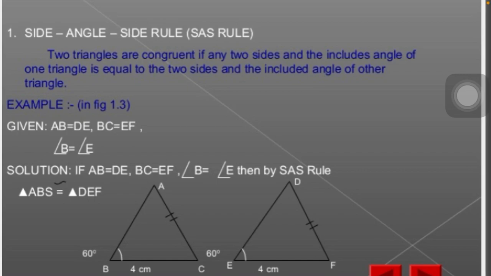If the angle is included between the sides, then in the solution you will write the sides, AB equals DE here and BC equals EF here, and the included angle, angle B equals angle E, which is 60 degrees given here. So by SAS rule you can prove triangles ABC and DEF are congruent. This is how you can prove two triangles to be congruent by the SAS congruency rule.